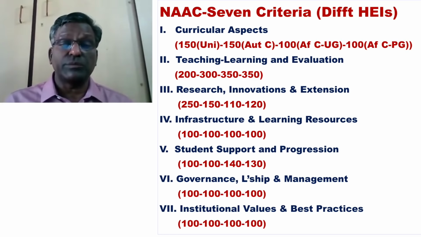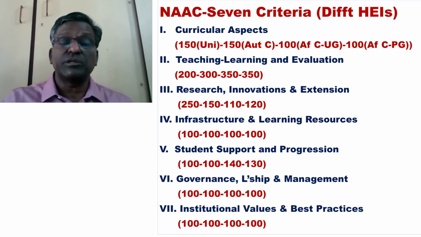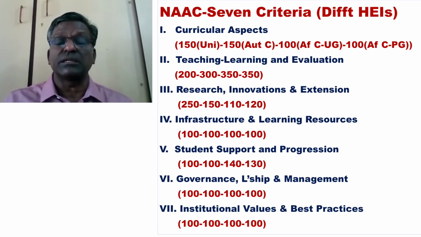Whereas when we come to the third criterion, in my earlier presentation, when I talked about the differences between colleges and universities, I made this point very clear. In colleges, the primary focus is teaching, whereas in universities, the focus is research. So for the third criterion, for universities, the weightage allotted is 250.